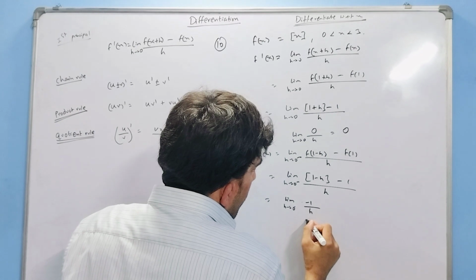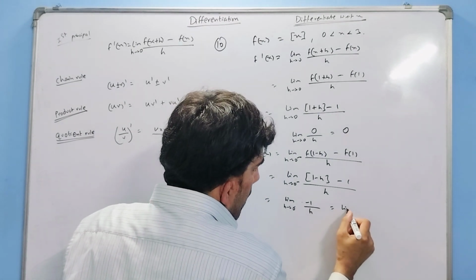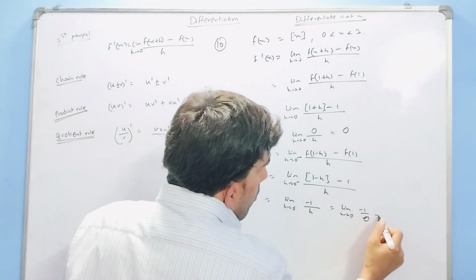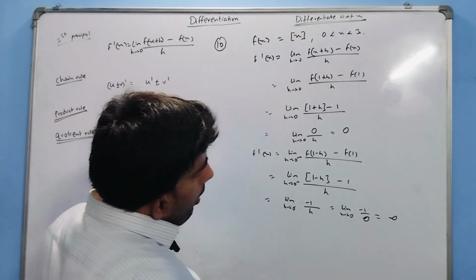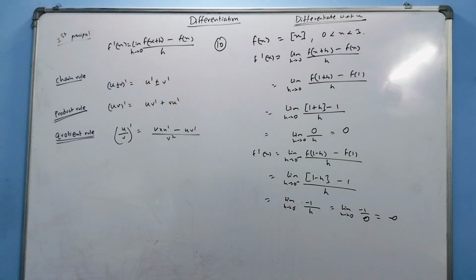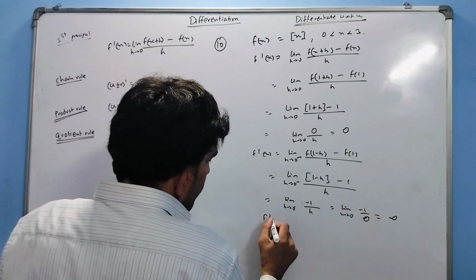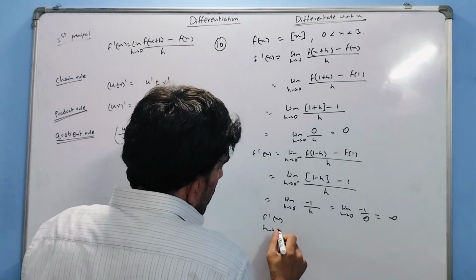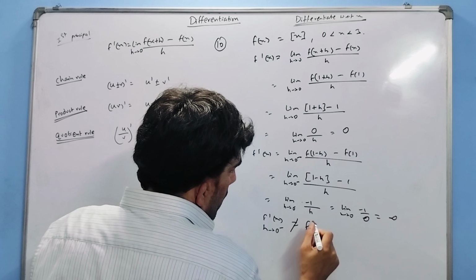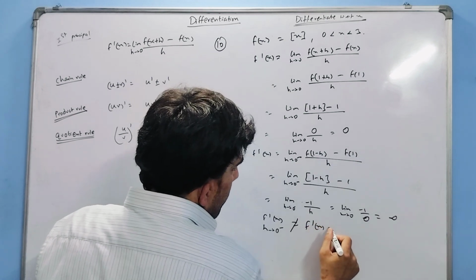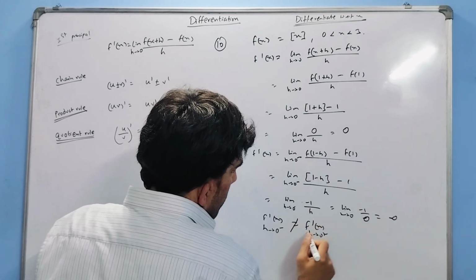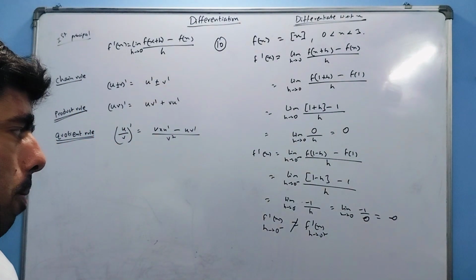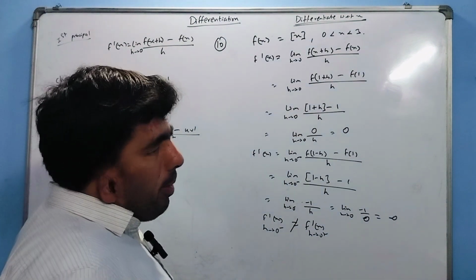So the limit as h tends to 0 of minus 1 upon 0 gives infinity. So we can see that f dash of x as h tends to 0 negative is not equal to f dash of x as h tends to 0 plus. So we can say this function is not differentiable at x equal to 1.